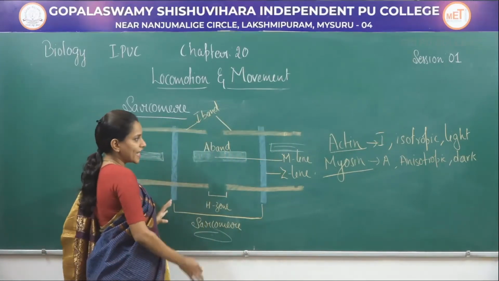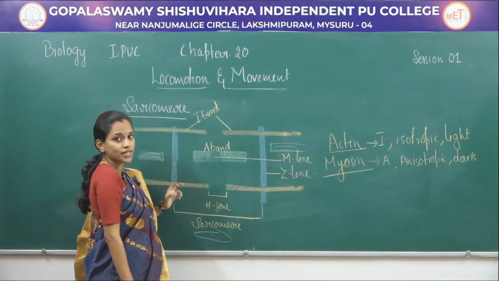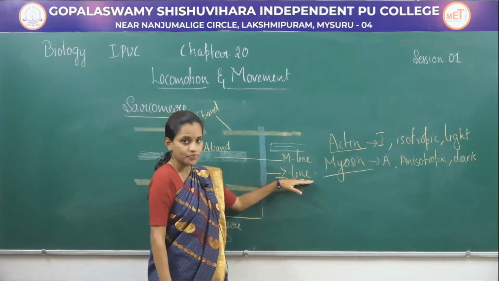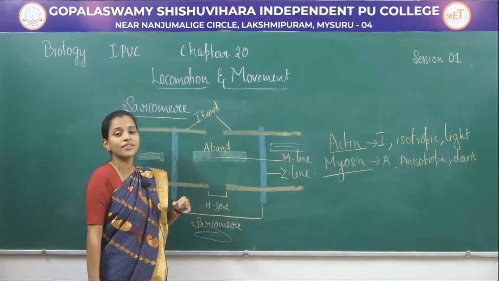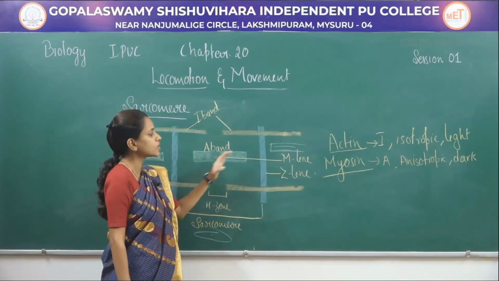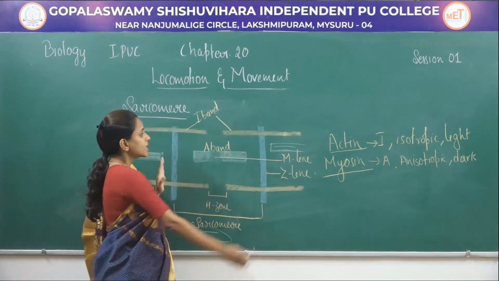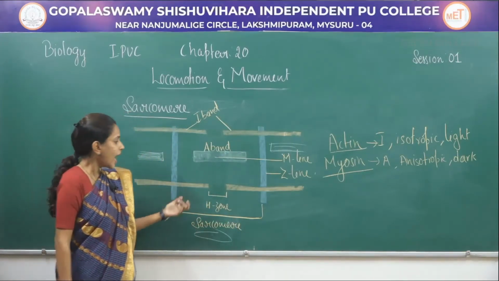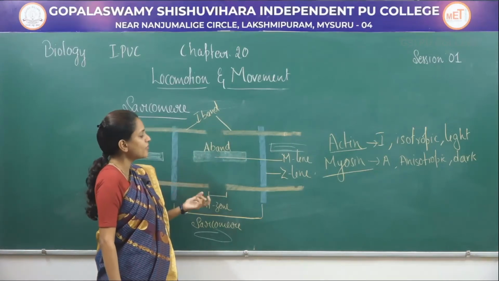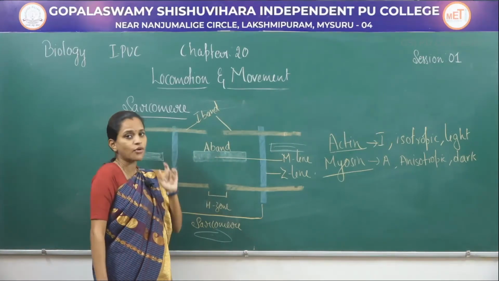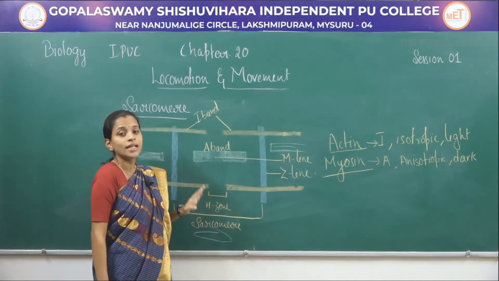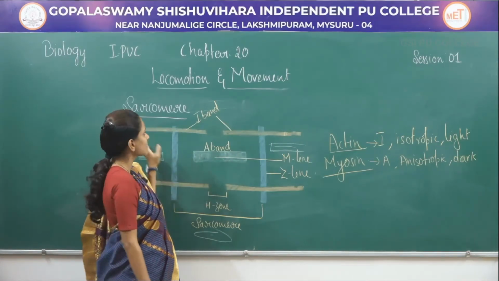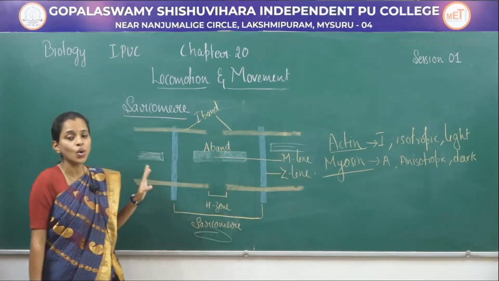The I band has a dark line in between called Z line, whereas the A band has a light portion in the center called M line. The distance between two Z lines is called a sarcomere, and the space between the I band from where you can observe part of the A band is termed the H zone. This H zone can be observed in the resting state. So that is about the structure of the sarcomere.